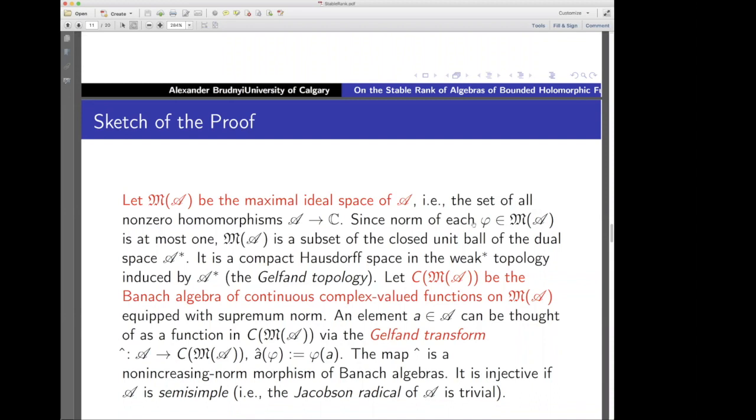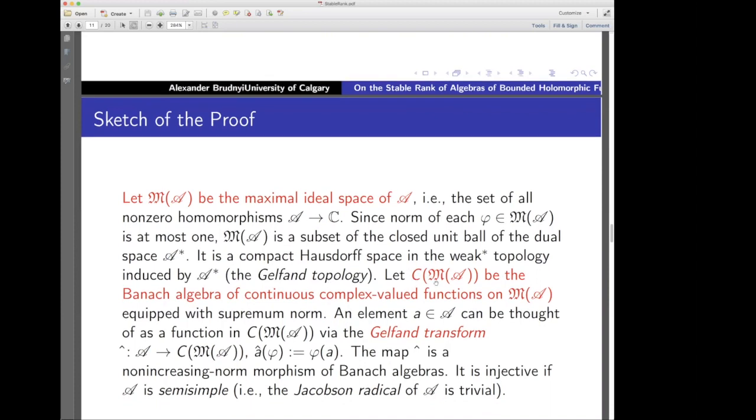It is easy to see that the norm of each such homomorphism is at most 1, and therefore each such homomorphism is a continuous linear functional on A. So the maximal ideal space is a subset of the closed unit ball of the dual space A*. This space is a compact Hausdorff space in the weak-star topology induced by A*, which is called the Gelfand topology.